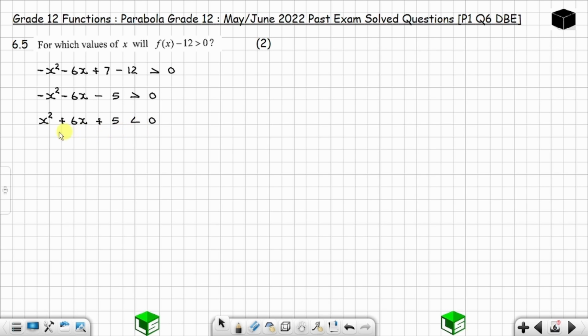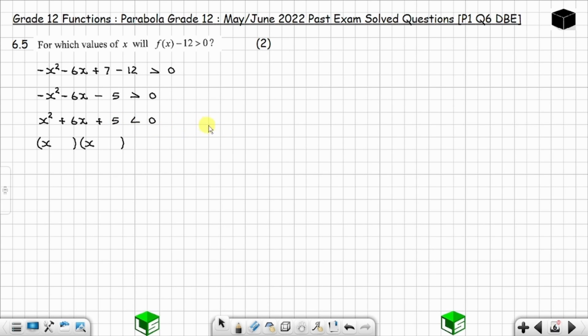Now what you want to do is to factorize this. So you are going to have 2 brackets, like this, and you have x squared there, so you are going to have x and x there, because x times x is x squared. And now you have 5 there. You know that 5 is equal to 1 times 5.